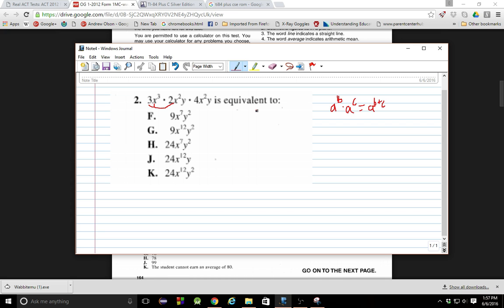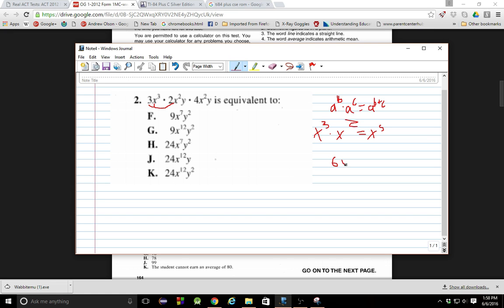Well, 3 times 2 is 6. x cubed times x squared, a to the b times a to the c, equals x to the power 3 plus 2, or x to the power 5. And then that makes it 6x to the power 5 y.